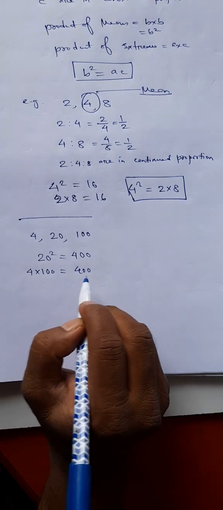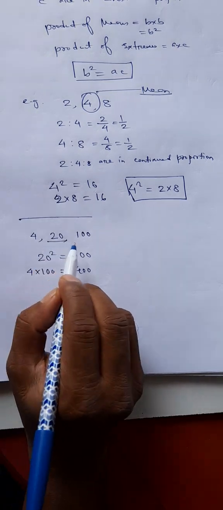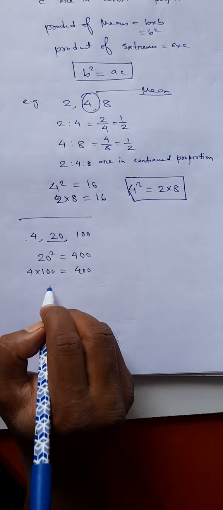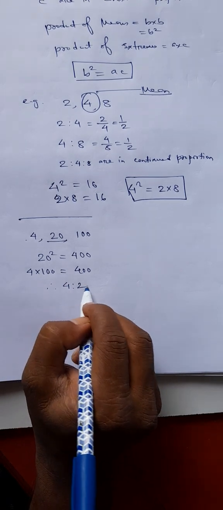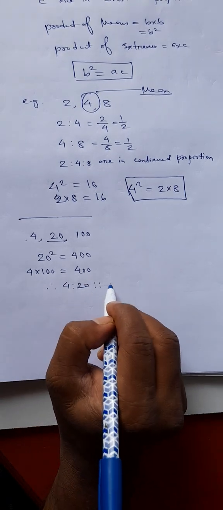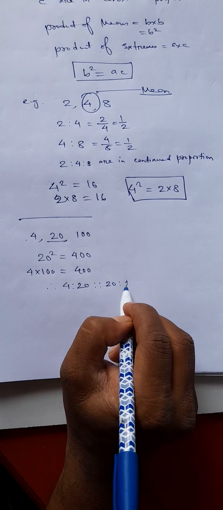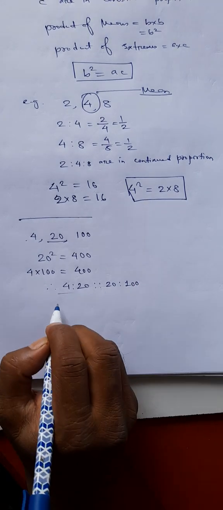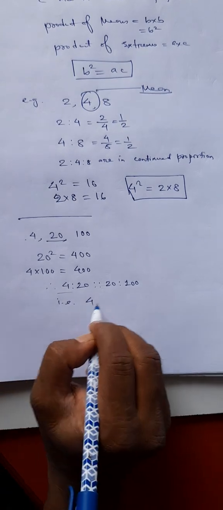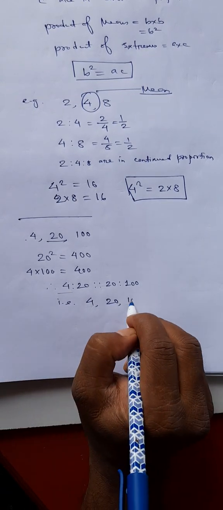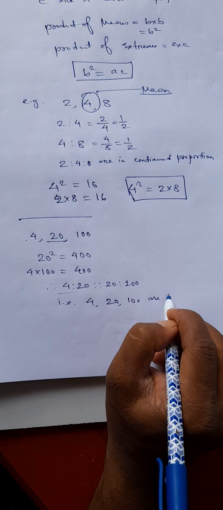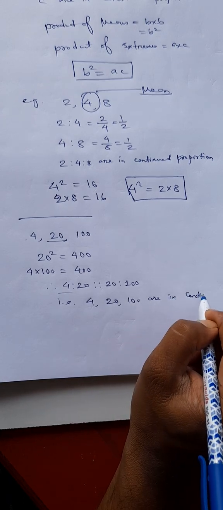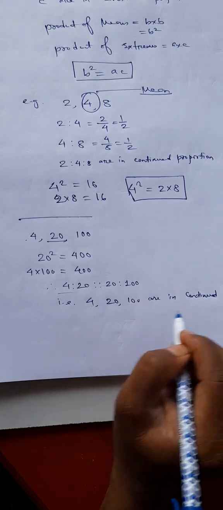So square of the mean equals product of the extremes. Therefore 4 is to 20 proportional to 20 is to 100. That means 4, 20, 100 are in continued proportion.